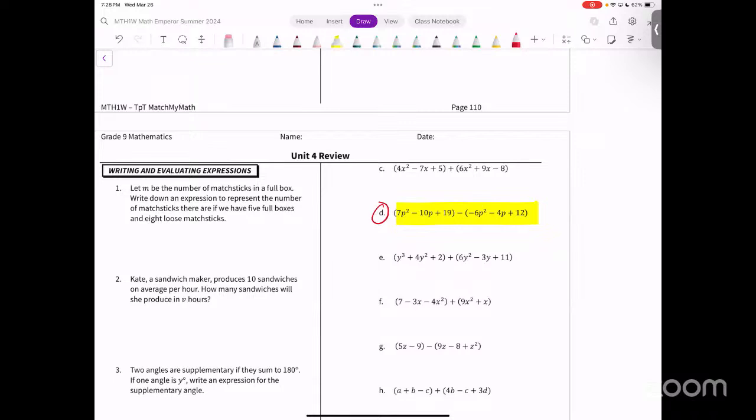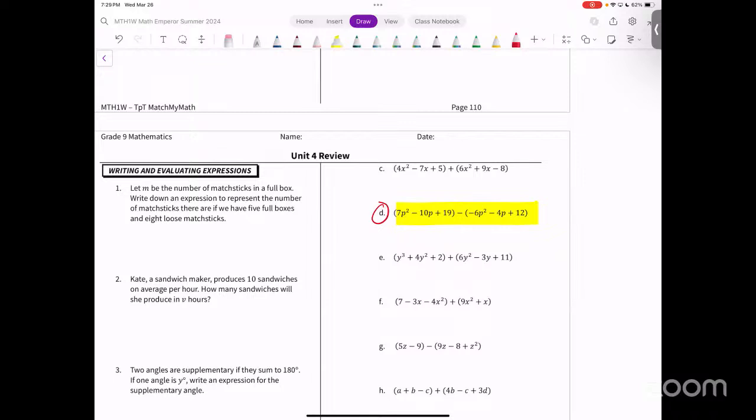Wait, we have to multiply by the negative? What do you think? Yes. Okay. Let me see. Oh, okay.